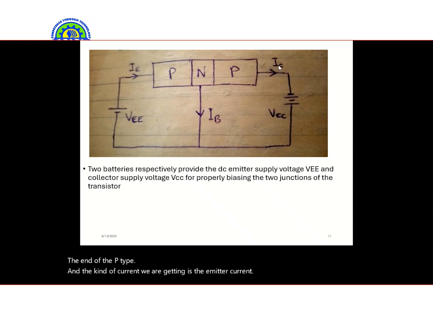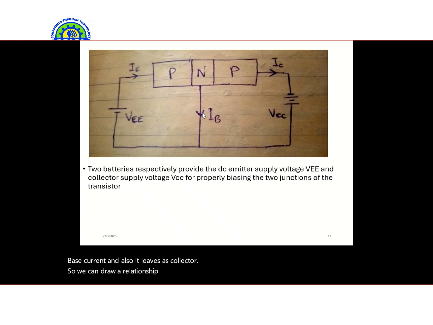Here we are getting the collector current and the base current. So it's like the emitter current goes to a junction, and then it leaves as base current, and also it leaves as collector current. So we can draw a relationship.